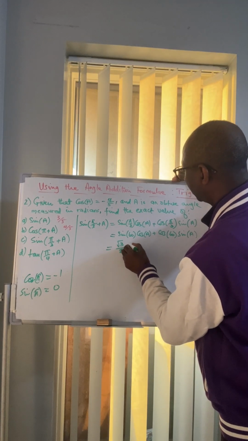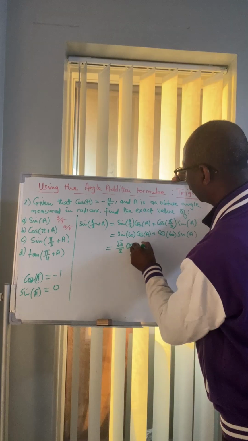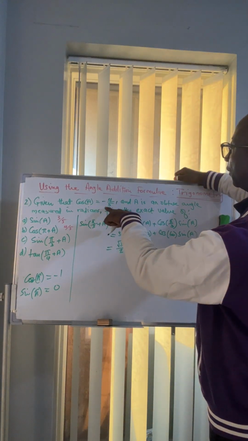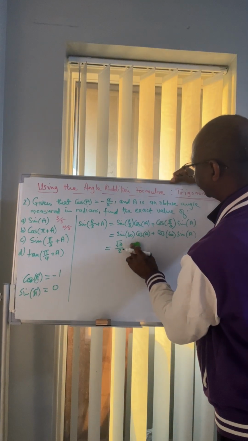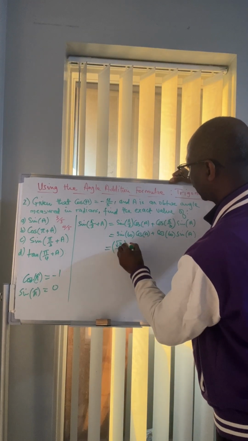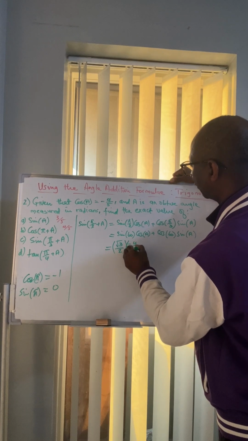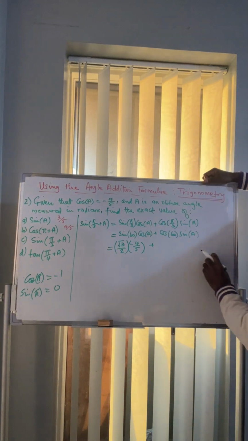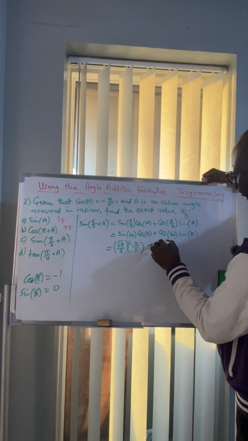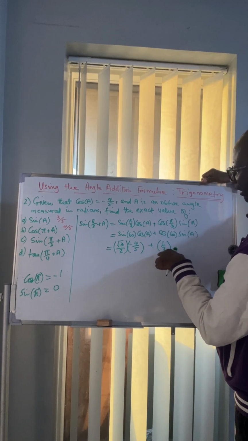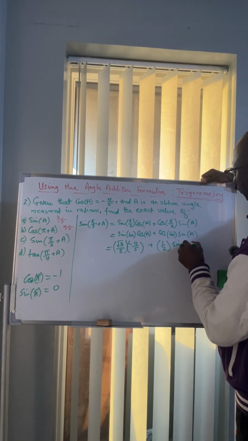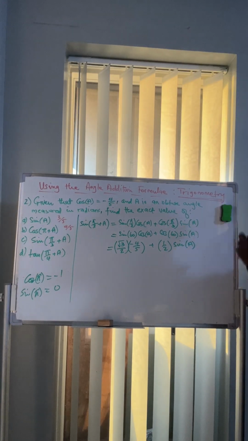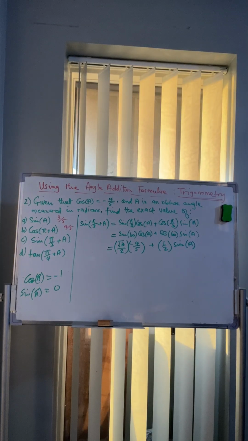So now multiply by the cosine of A, but we know the cosine of A is given to us as minus 4 over 5. Multiplying here, minus 4 divided by 5, plus cos 60 is 1/2. Sine 60 is root 3 over 2. Cos 60 is 1/2. So we still have our sine of A. What we don't have in this equation is only sine A, which we are going to find, by the way.